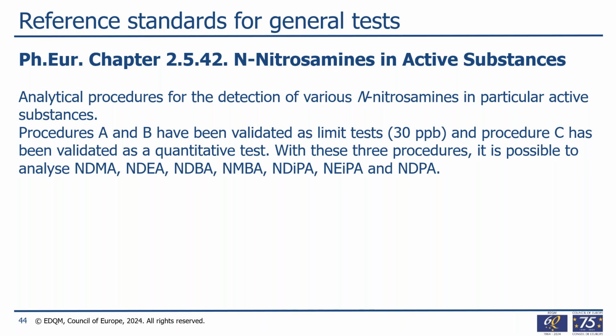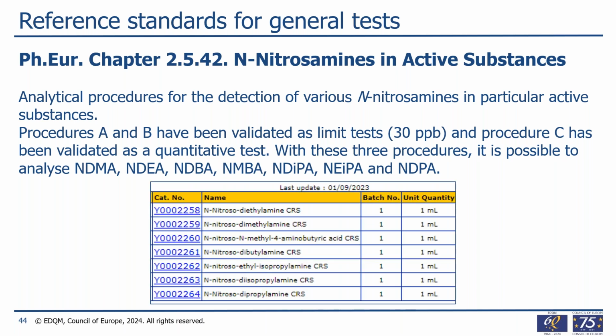And it describes also 7 CRS that can be used to verify the system suitability, but these CRS also serve as external standards in the limit tests. And again, in this case, the information on how to use a CRS is available in the general chapter. So the CRS can be ordered in our catalog.